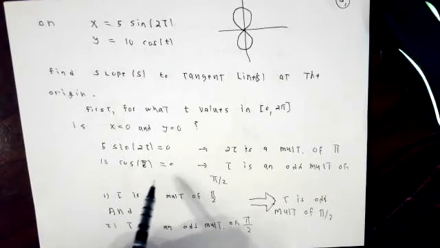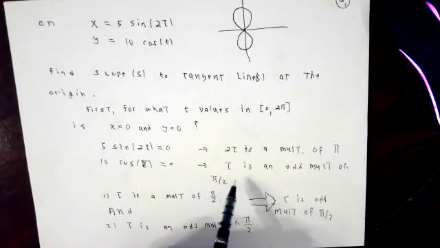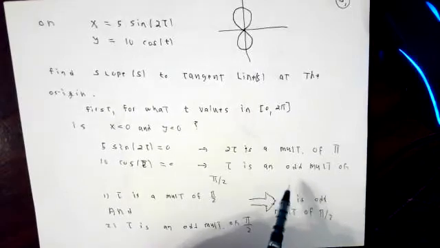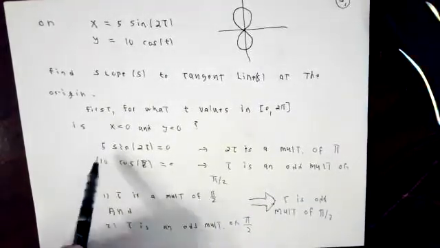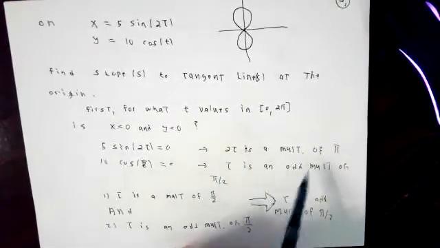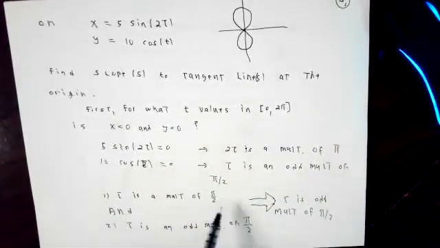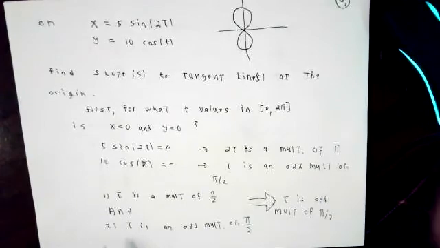So for 10 cosine t equals 0, t has to be an odd multiple of pi over 2. The first one says t has to be a multiple of pi over 2. The second one insists not only that, but t has to be an odd multiple of pi over 2.